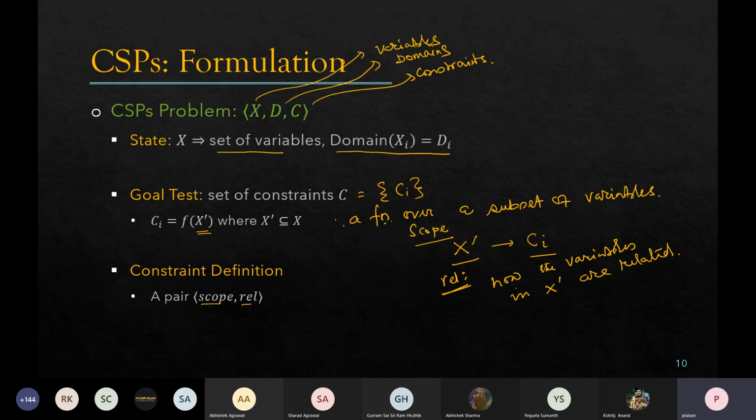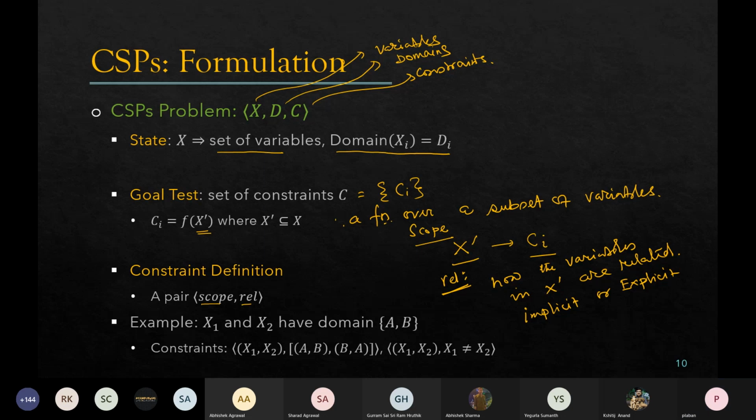Now, depending on the situation, this relation can be implicit or it can be explicit. So you'll see some examples of this. Basically, if we have two variables, I'm defining my constraint using two variables x1 and x2. So the scope of the constraint is x1, x2. And what are the relations that I'm talking about?